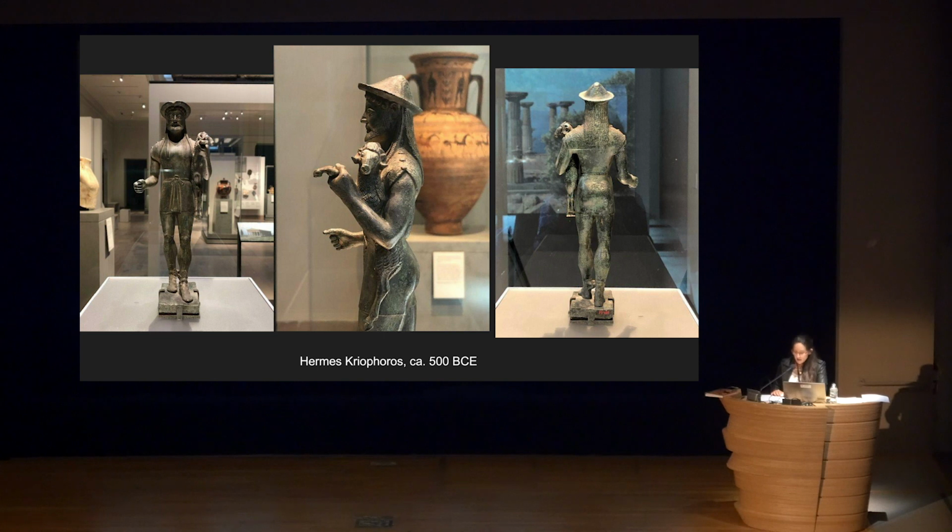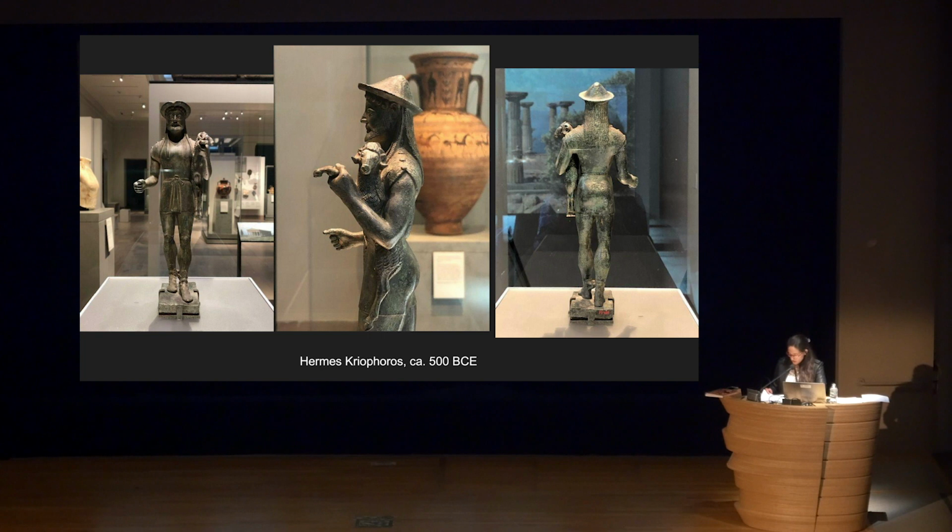The exquisite detail in dress and hairstyle, the sensitive attention to musculature, the animation conveyed by the strongly advancing left leg. But above all, the way that the ram facing perpendicular to Hermes' gaze dynamically expands the force field of the sculpture.